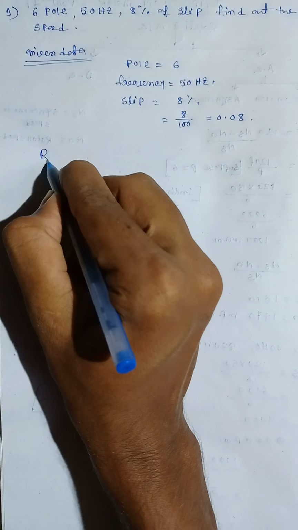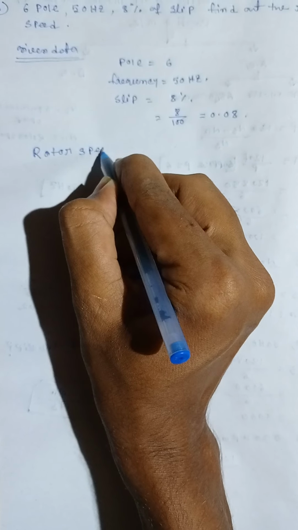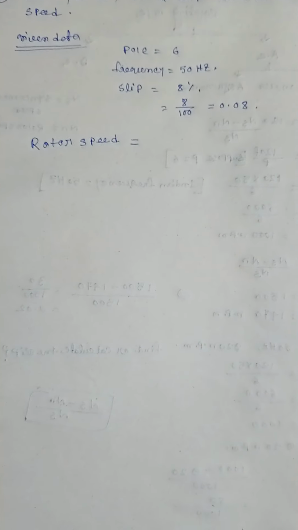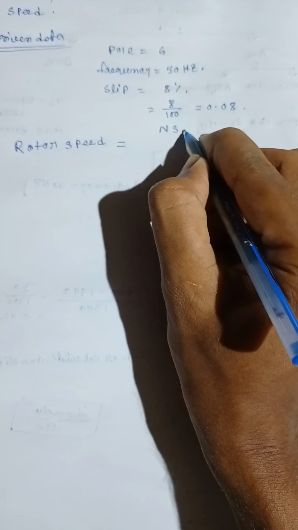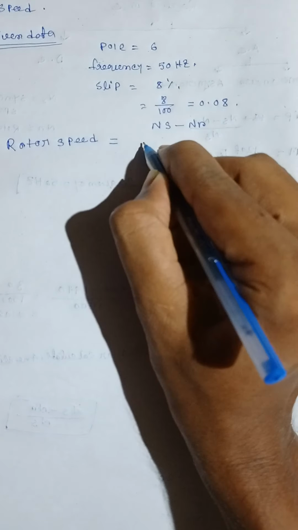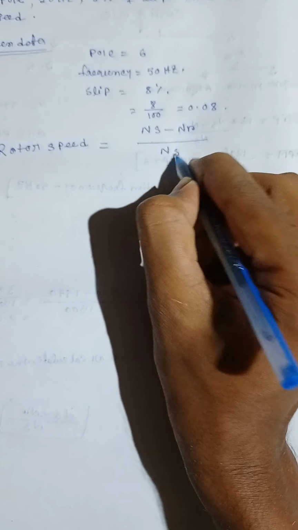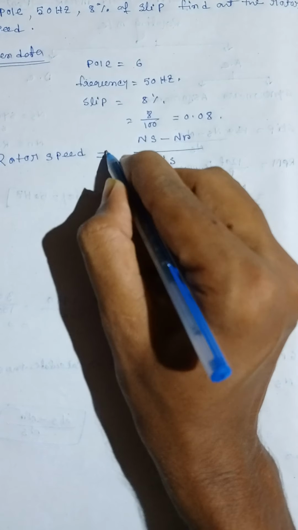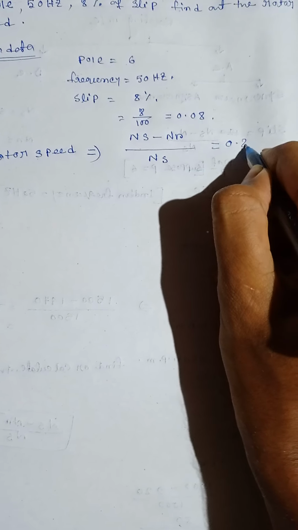So slip equals ns minus nr divided by ns. Okay, and the value of slip is 0.08.